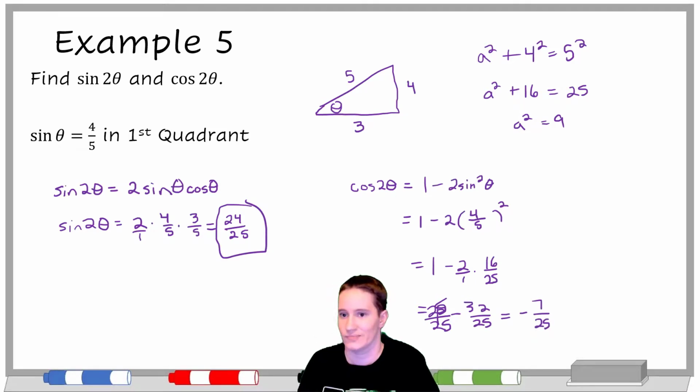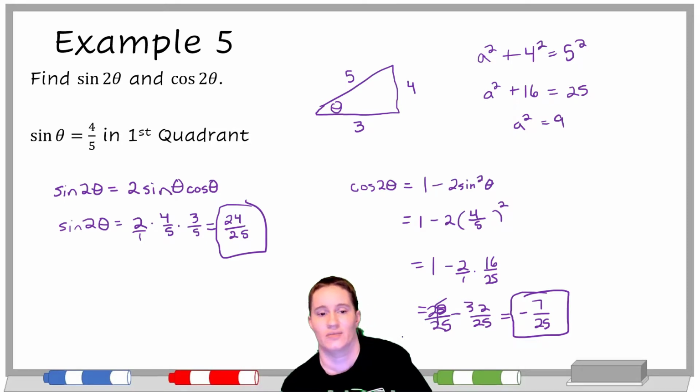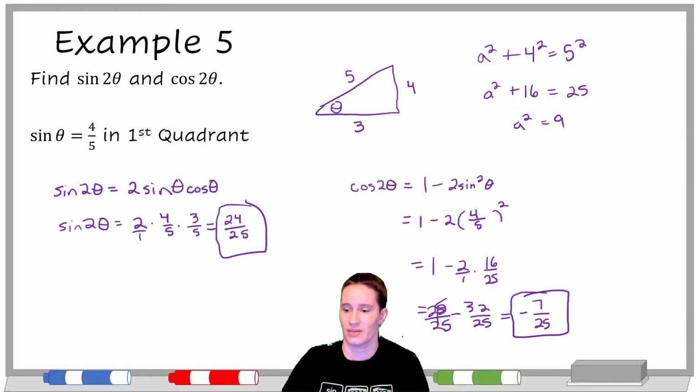So there we go. That's our answer. So whatever angle goes with sine of 4/5, which we could find if we wanted to, if we double that angle, the sine of it is 24/25, and cosine of it is -7/25. I think that's actually kind of cool, now that we think about it, but hey, it's whatever.